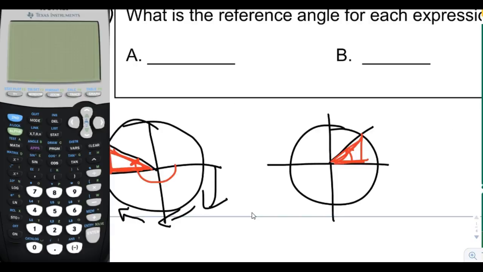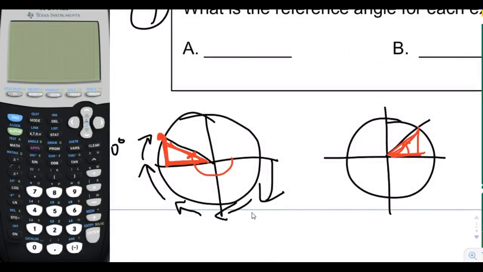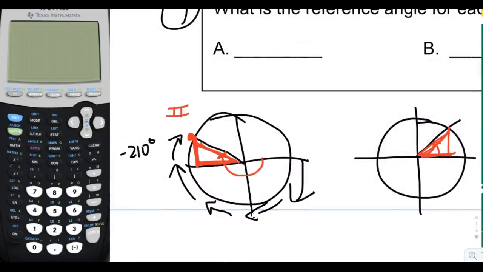What about quadrant 2? In quadrant 2, the angle is in the second quadrant, and the way we form the reference triangle is to draw the vertical line from this point to the x-axis, so the reference triangle looks like that.